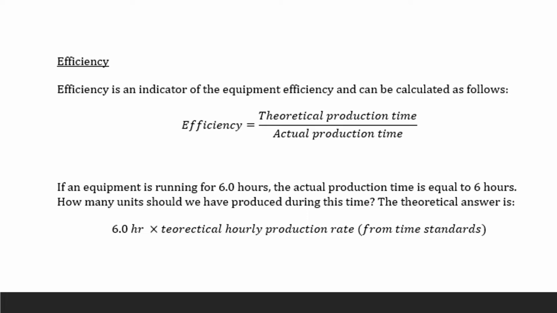So if an equipment is running for 6 hours, the actual production time is equal to 6 hours. How many units should we have produced during this time is what we want to calculate. So the theoretical answer is 6.0 hours times the theoretical hourly production rate.